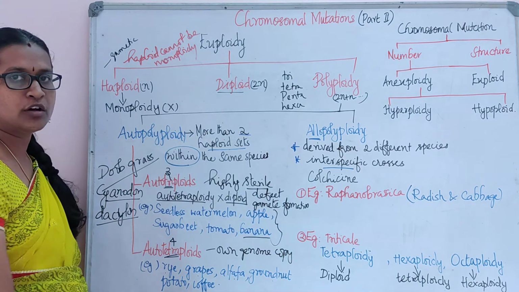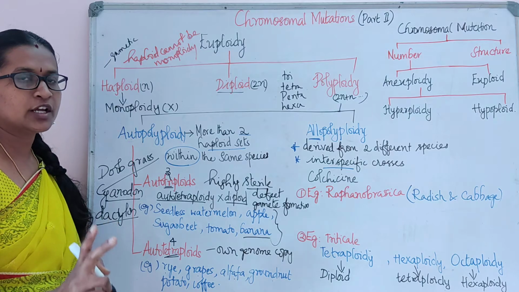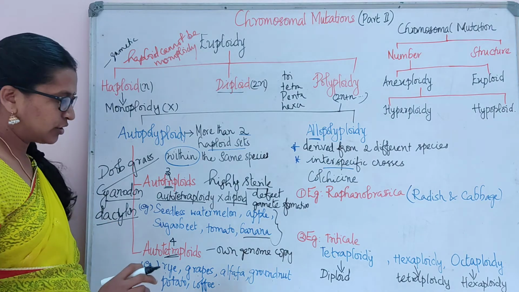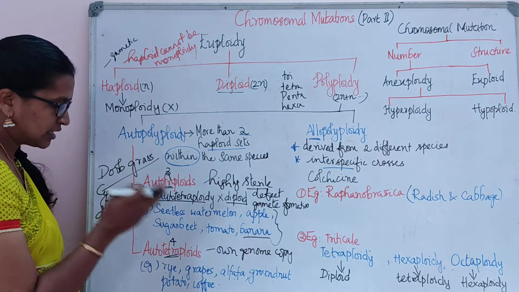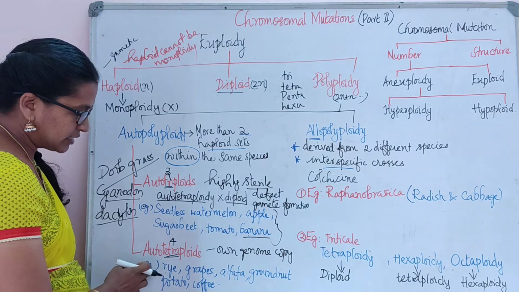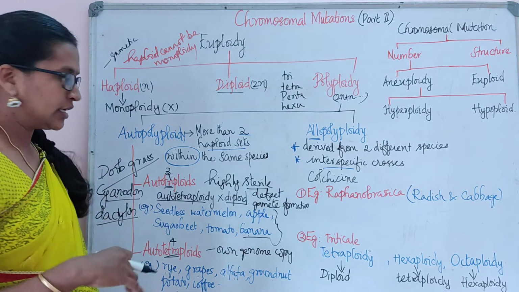I have given you a lot of examples. Better you remember 2 examples, which is very important for you to write. Here you can keep banana, and then naturally here is doob grass, and here you can keep potato, grapes, groundnut, like that you can remember it easily.